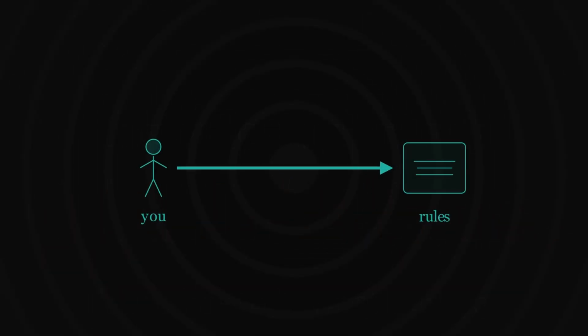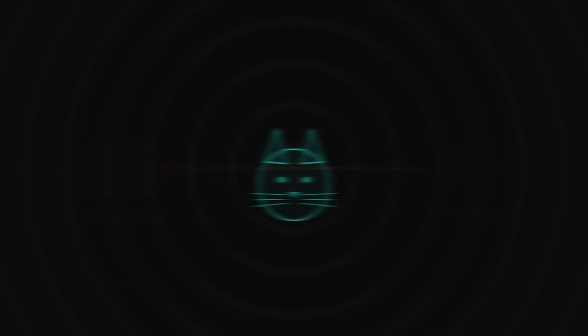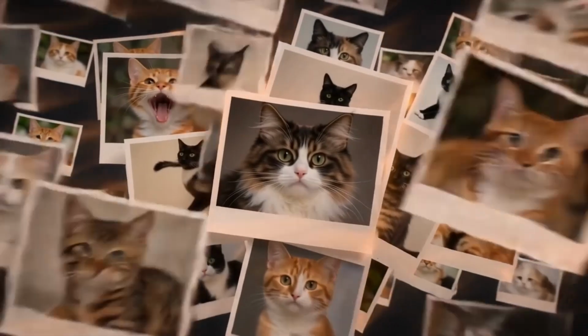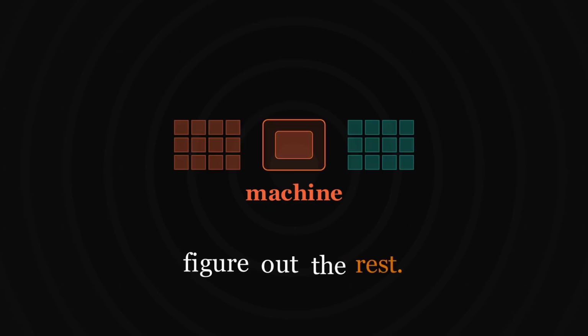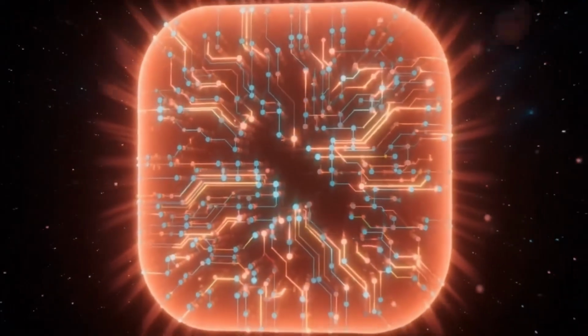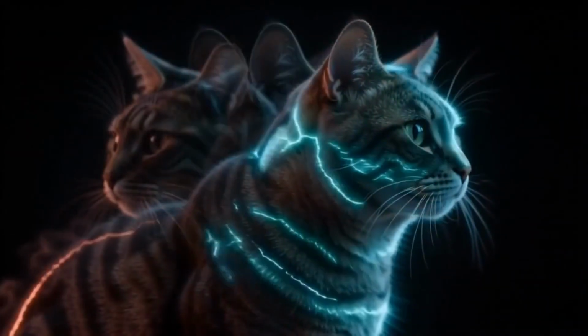Here's the shift. What if instead of writing the rules yourself, you let the machine find them? You don't tell it what a cat looks like. You show it 10,000 pictures of cats and 10,000 pictures of dogs. And you tell it, these are cats, these are dogs. Figure out the rest. It changes everything. The machine isn't memorizing the pictures, it's looking for patterns.